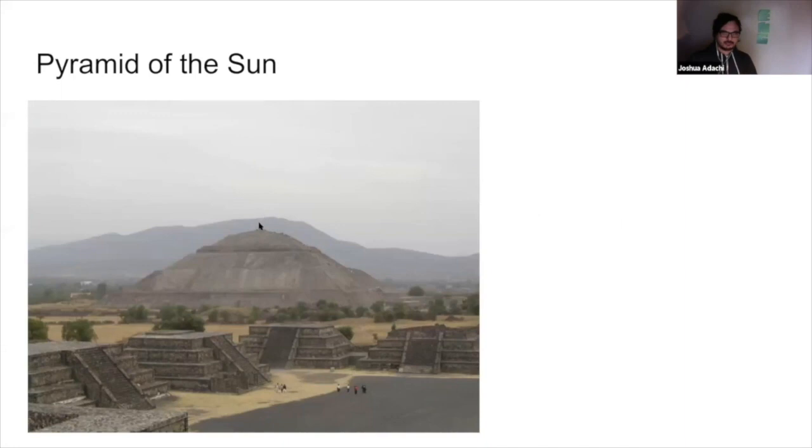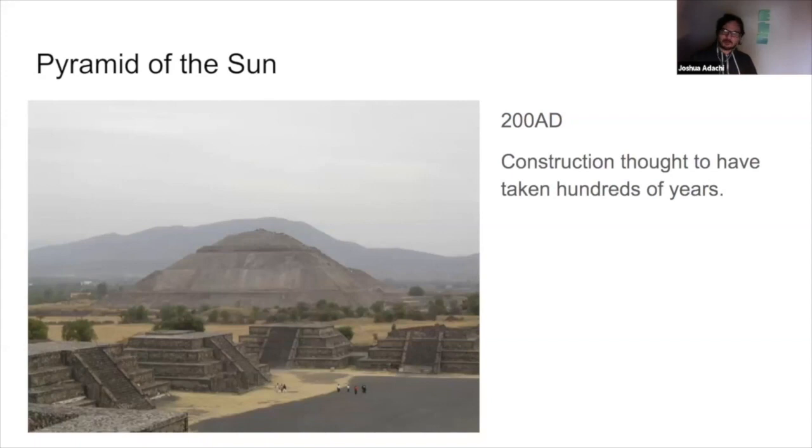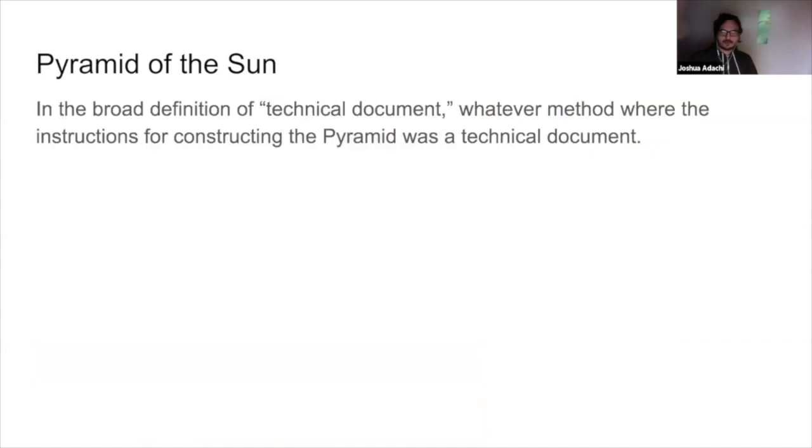And yeah, just an amazing thing that was completed in the year 200 AD. But it was constructed over the course of hundreds of years. But no technical documentation exists that showed us the blueprints for this. But I want us to think more broadly about what a technical document is.